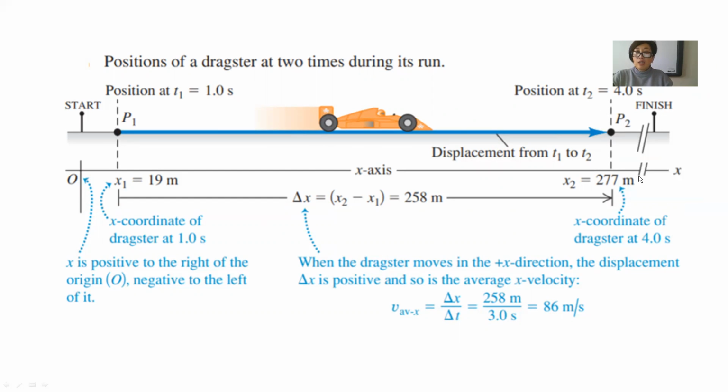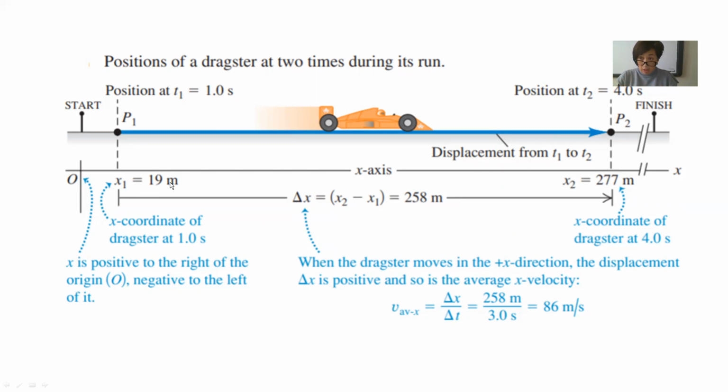And displacement, the change in x, is the second position minus the first position, equal to 258 meters. The second position is 277 meters, and the first position is 19 meters.